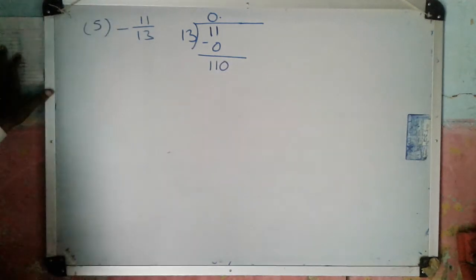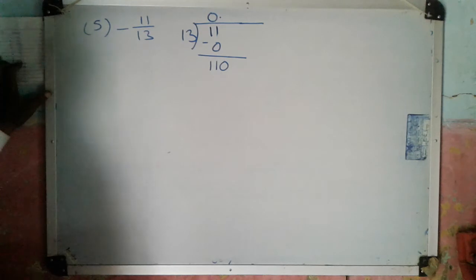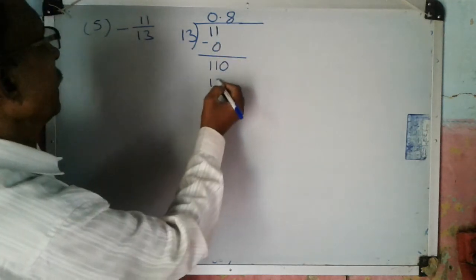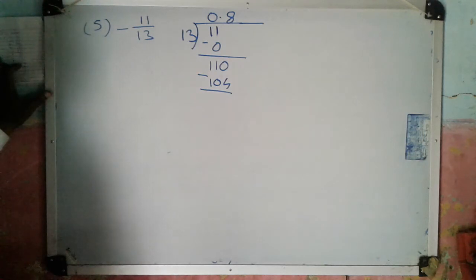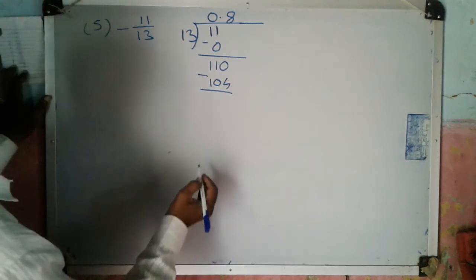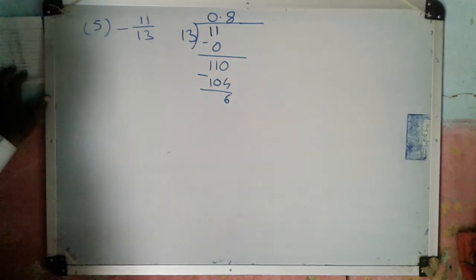So we get here 110. So use the table of 13. So here 13 8s are 104. Okay, so subtract this. Here we get remainder 6.